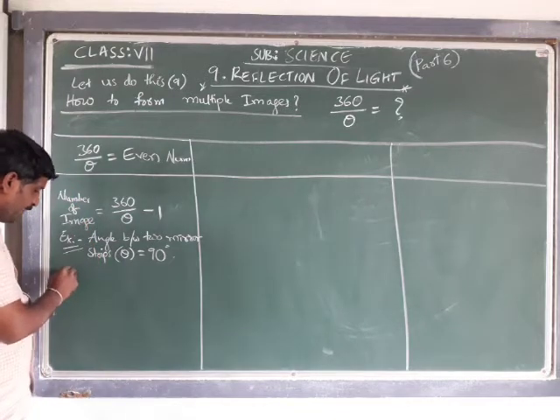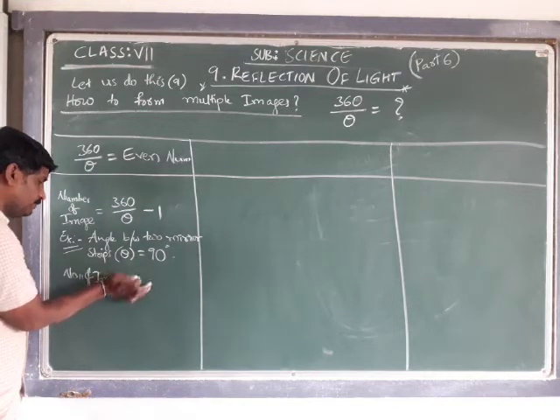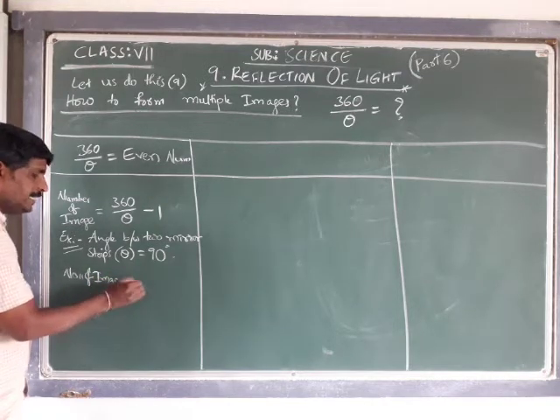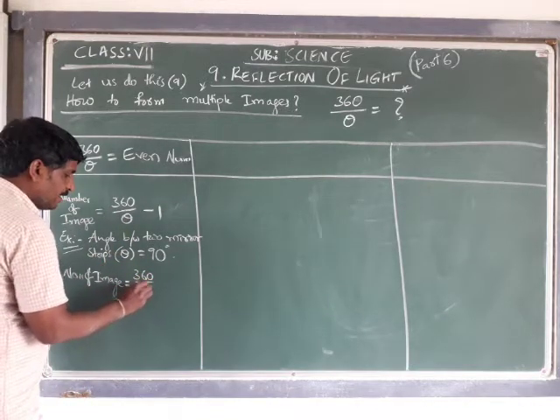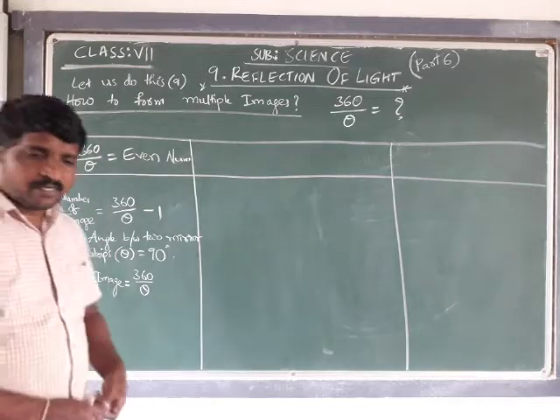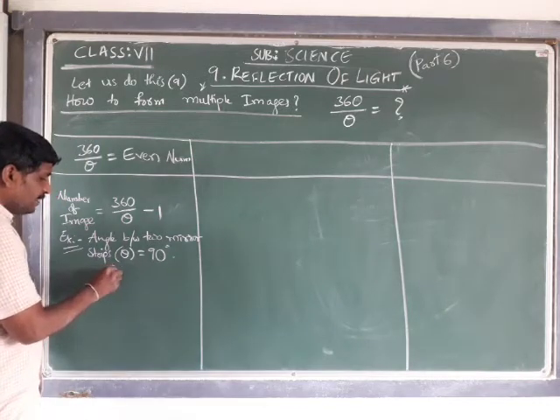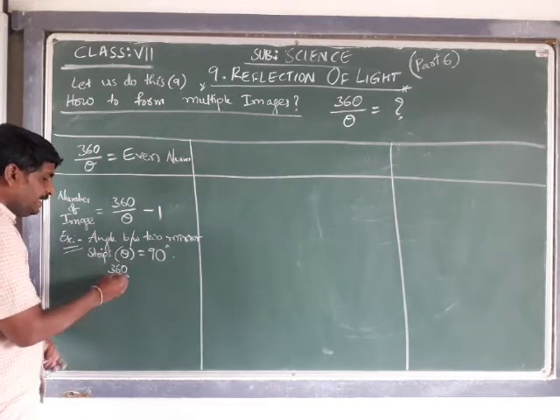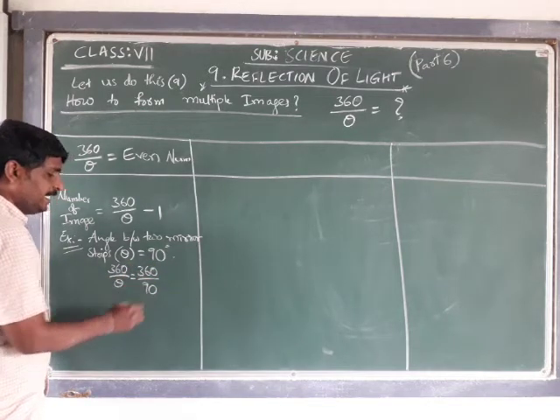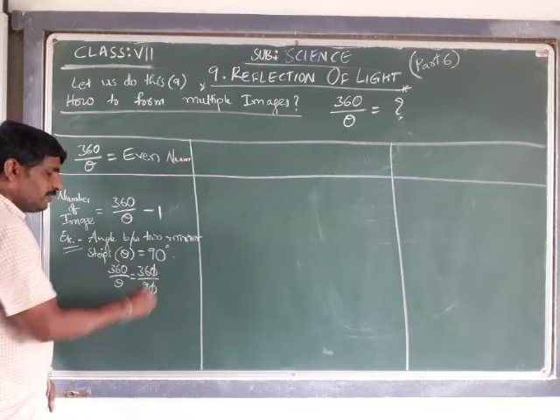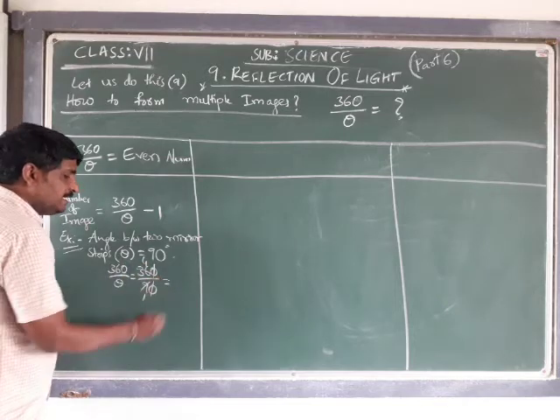Then the number of images is equal to 360 by theta minus 1. First we calculate the nature of 360 by theta. 360 by theta is 360 by 90. Zeros cancel; 9 fours are 36, so it is equal to 4.